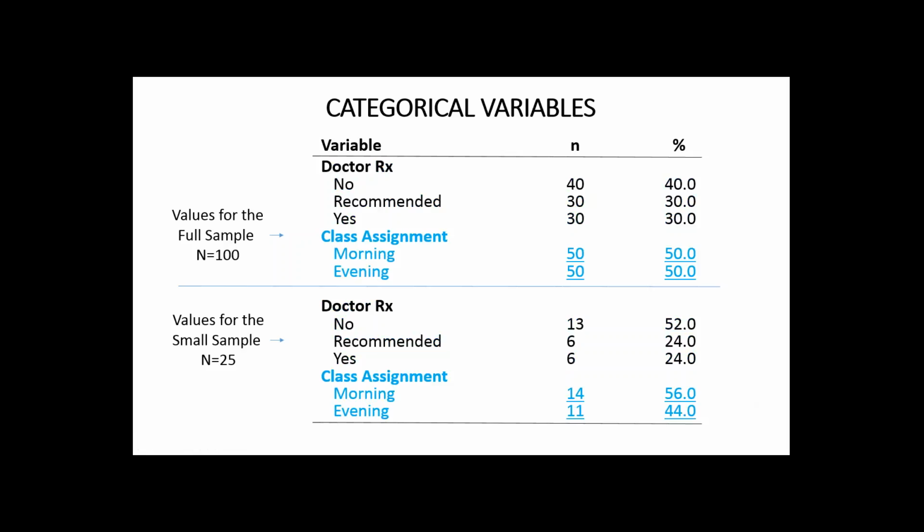And then class assignment, it's not too bad. It's about half and half. For the full 100, it's half morning, half evening, and for the 25, 56% morning, 44% evening. So that's pretty accurate too.